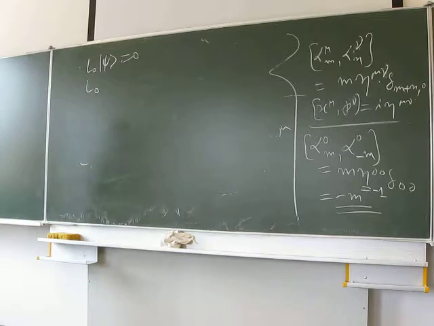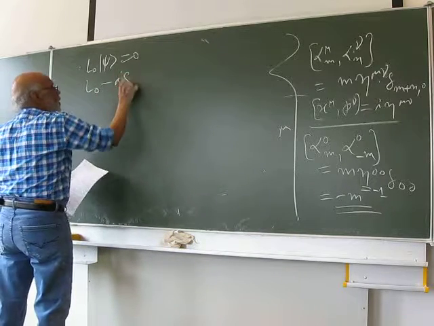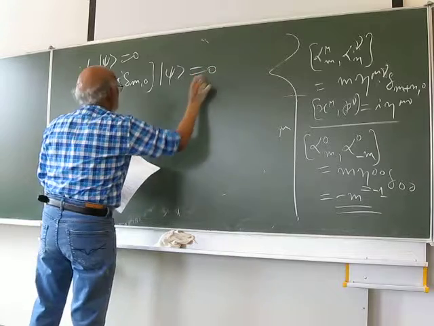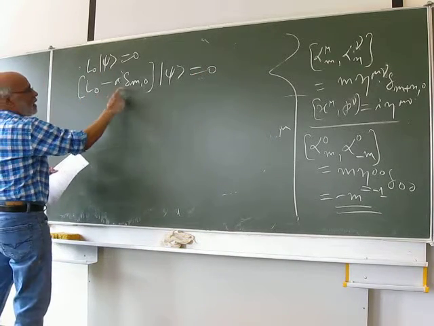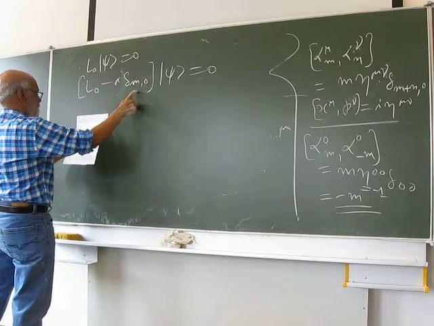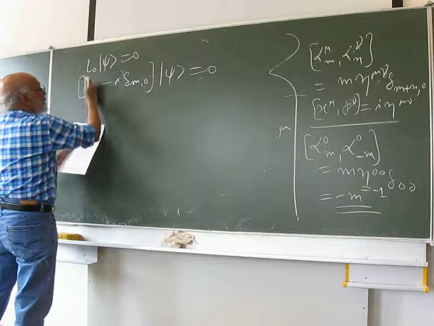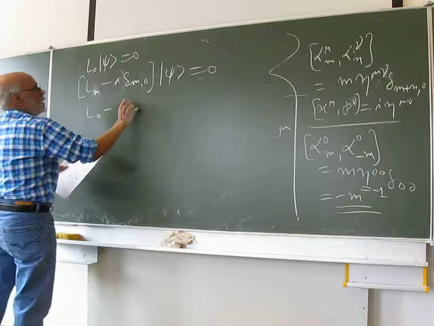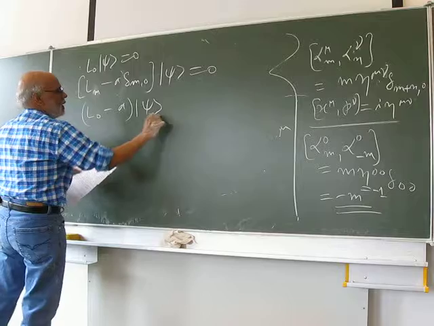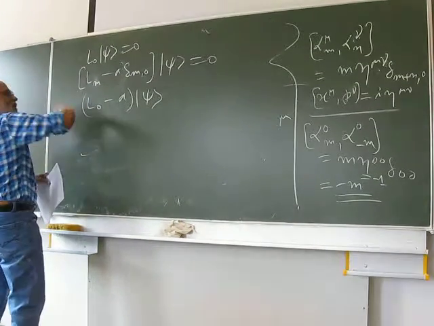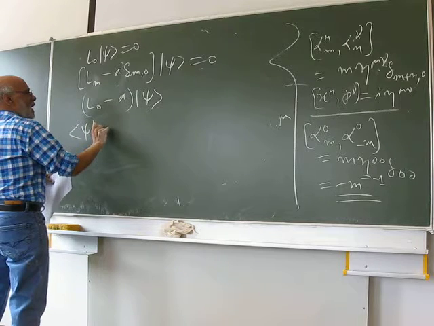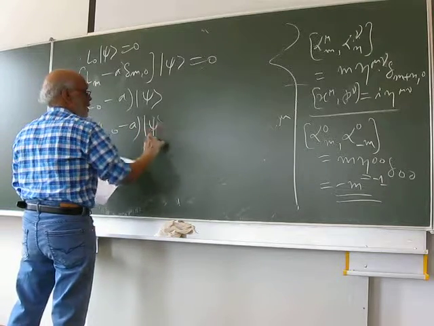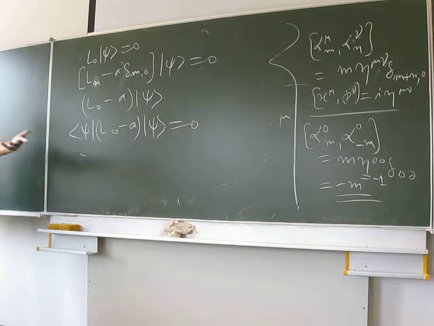I would recap it next time, but here you ask that L0 minus A annihilates the physical states, and what it means is, I take its Hermitian adjoint psi and I put it between, so that the expectation value of this vanishes.